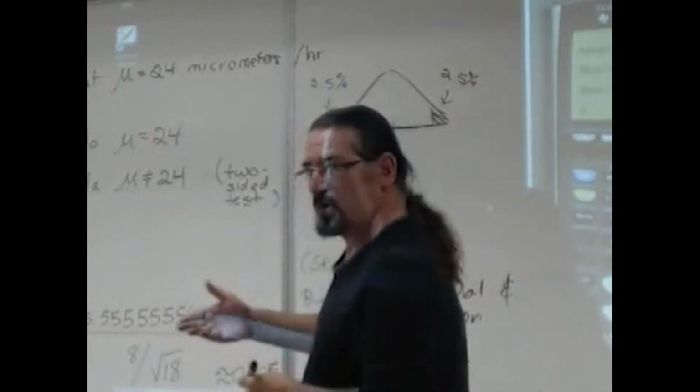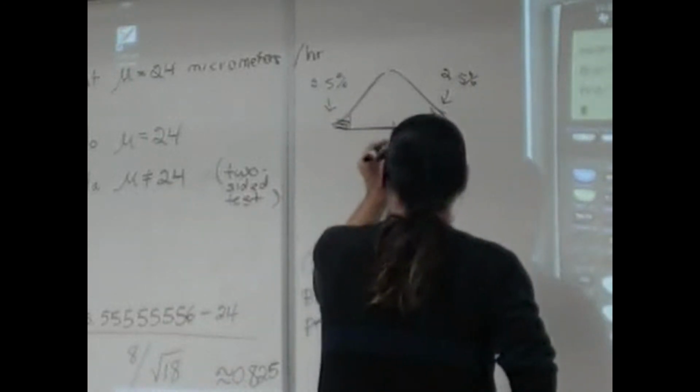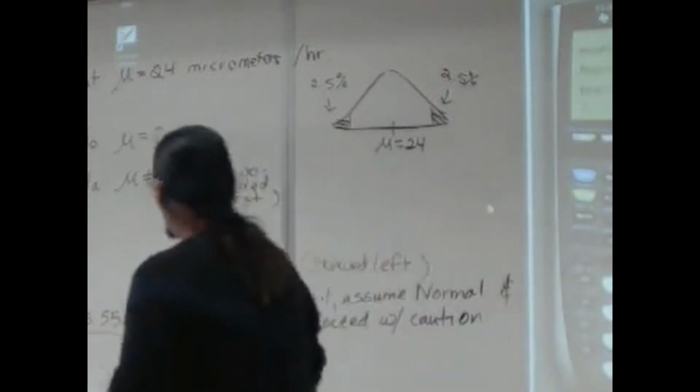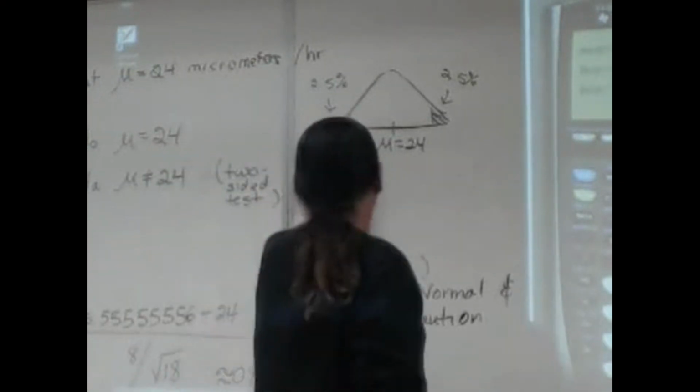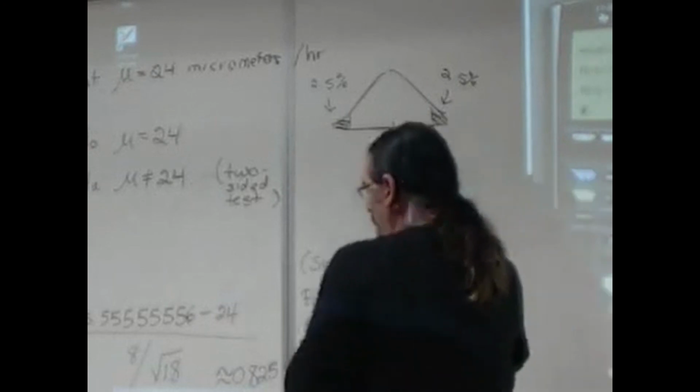We made the claim that mu is 24. Where is that X bar in relation to the 24? The z-score is telling us that. But is it here in a safe zone?